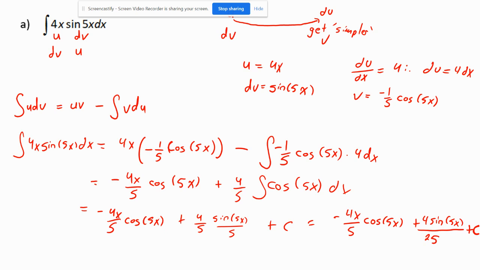And there we go. That's how this works. So we get negative 4x over 5 cos 5x plus 4 sine 5x over 25 plus c. And this is our technique for integration by parts.